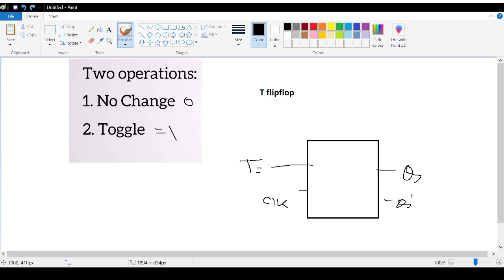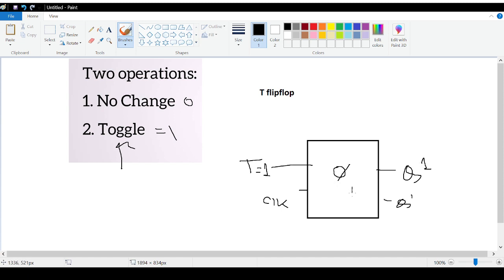And the next operation T has is toggle. That is, if I pass 1 through the T flip-flop, and my previous state is 0, can you guess what my next state will become? It will toggle. So what will it become? 1. So currently if 0 is stored and I pass 1 through T, then my next state will become 1.